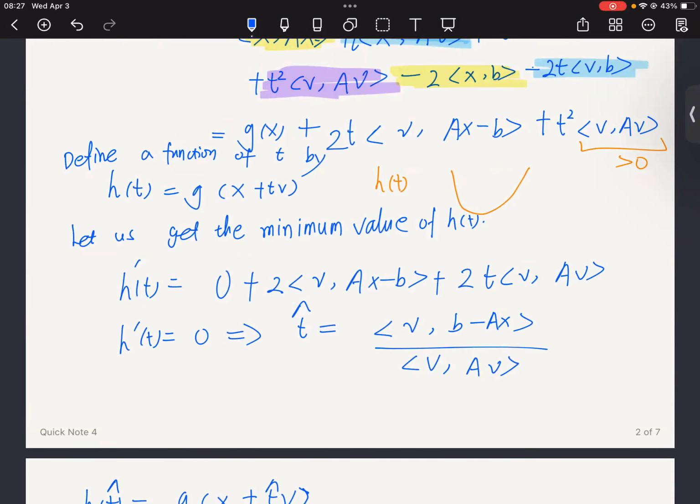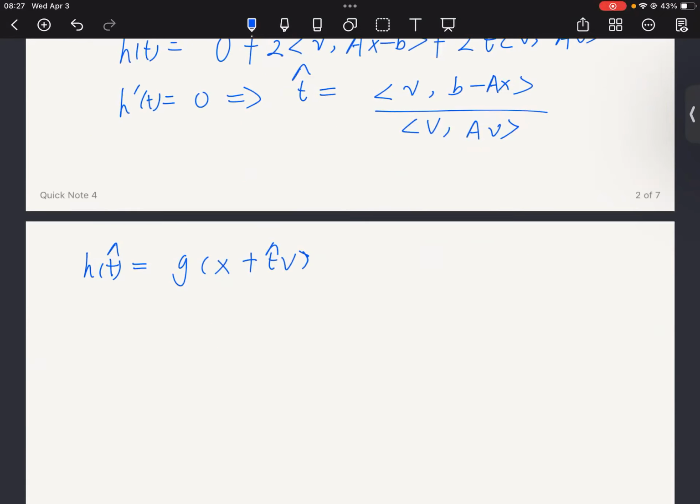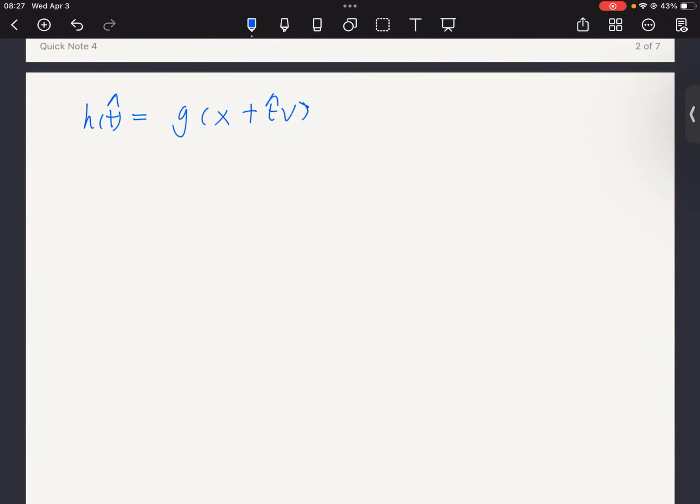It's defined as g(x plus tv), and now we just change the t to t hat. So now we got g(x), and then subtract the 2 t hat term. This is what we calculated just now: v, b minus Ax, and then plus t squared times the second order term, v A v. Let's do the substitution.